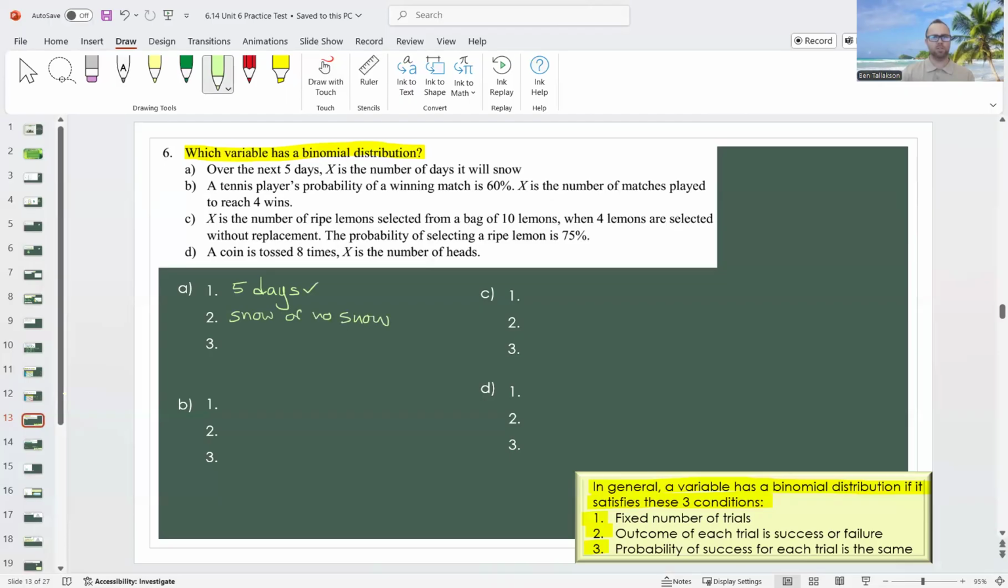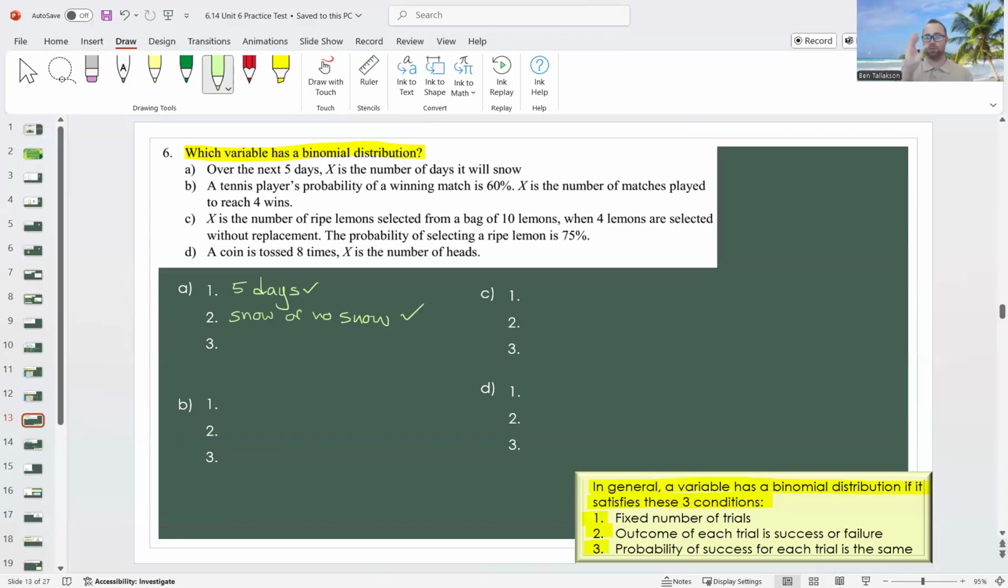What does snow represent? What does no snow represent? Snow is success, no snow is failure. Right? They mentioned it's snowing, so they care about it snowing. And number 3, is the probability of success for each trial the same? Think about it realistically. So here's the deal. There are 5 days.